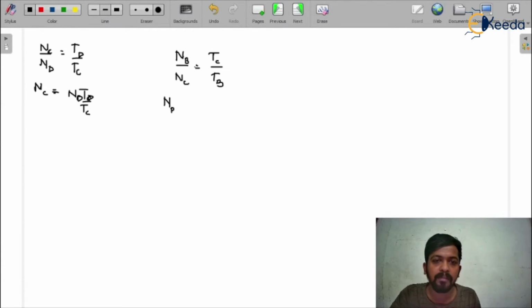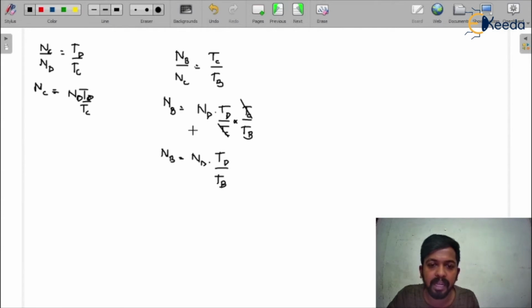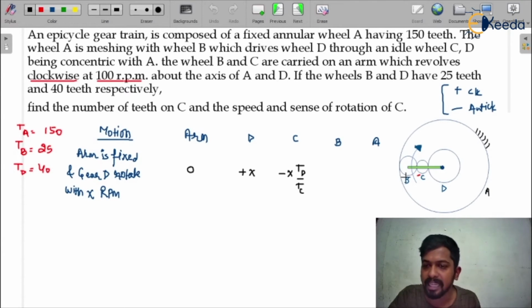So NB is equal to, NC means ND TD upon TC, multiplied by TC upon TB. You can see here that TC will be cancelled out, and finally you will get the value of NB, that is ND TD upon TB. But here you can get the magnitude only, and if you want to know the direction you just have to see the diagram.